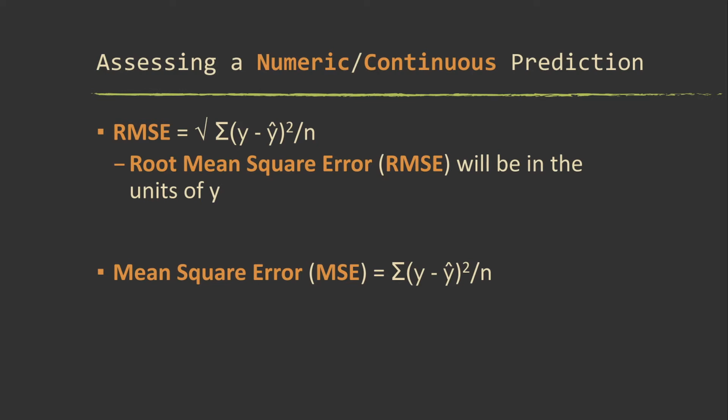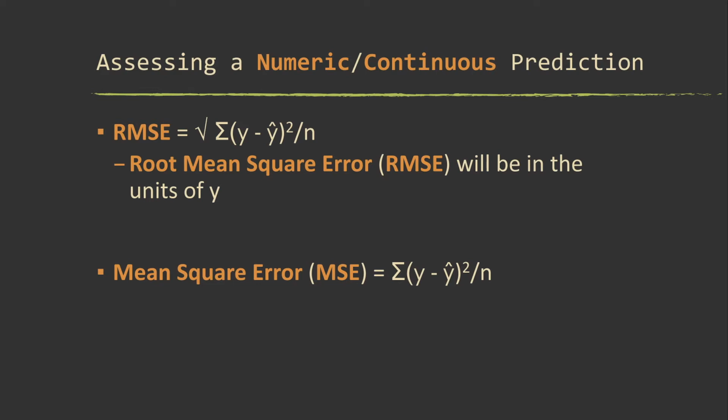To calculate RMSE, you take the correct value from the reference data and subtract the prediction for that data point. The difference between the prediction and the actual value is the error, or what's commonly referred to as the residual. So you calculate the residual for each of the testing or validation data points, then you square those, sum them up, divide by the number of samples, and then take the square root.